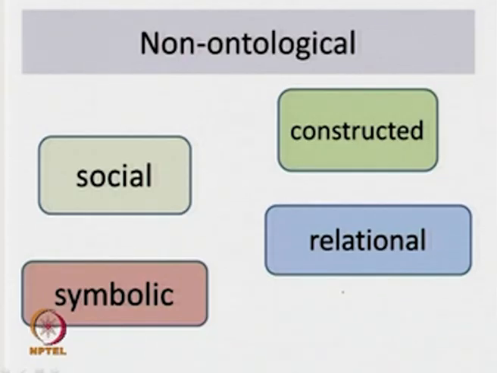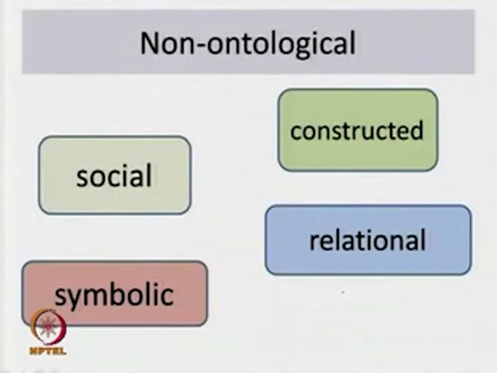We need to use this word because ontology has been a very powerful school of thought in philosophy, which sees things as inherently having meaning, or sees things in terms of essences that things have. So, it is important for us to realize that the constructionist approach is a non-ontological one.